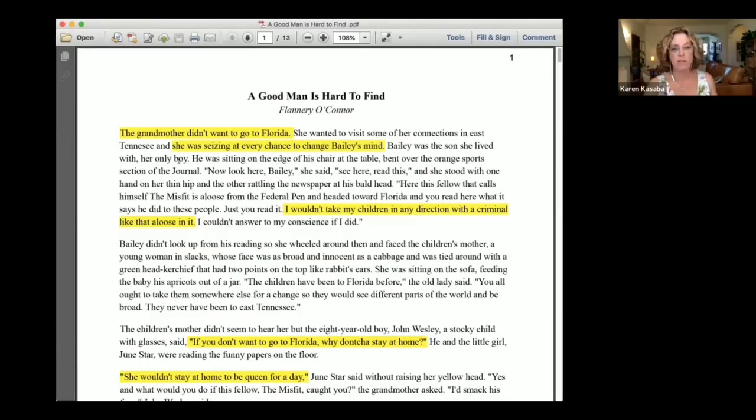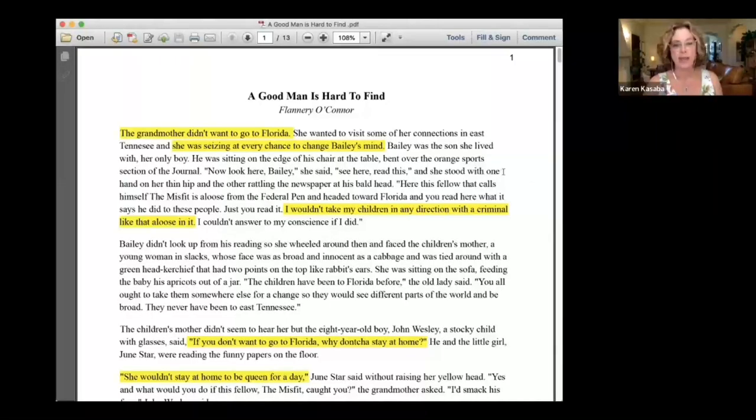And so what did she do about it? She was seizing at every chance to change Bailey's mind. And we're going to find out that Bailey was her son and that he was the one that was wanting them to go to Florida. And so how is she going to be seizing every chance to change his mind? Here's one attempt. "I wouldn't take my children in any direction with a criminal like that loose in it."